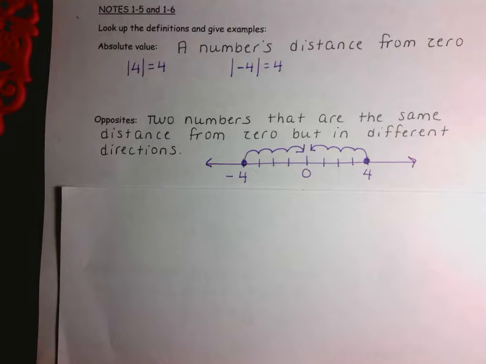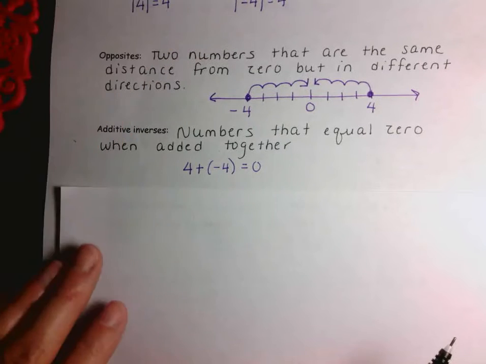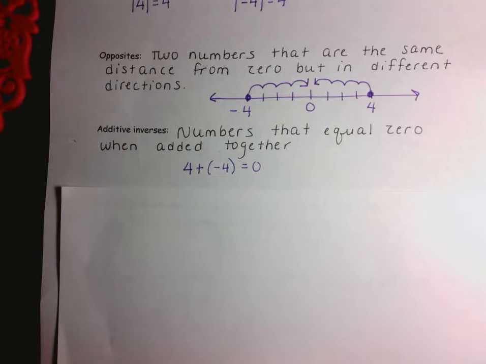Opposites are two numbers that are the same distance from 0 but in different directions. And so 4 and -4 are opposites. Additive inverses are numbers that equal 0 when added together. So 4 and -4 are also additive inverses.